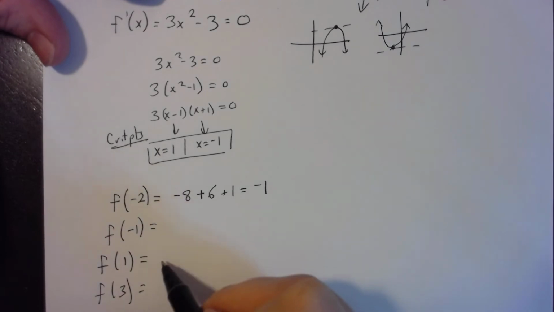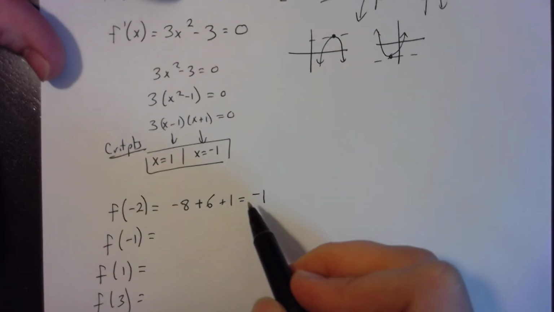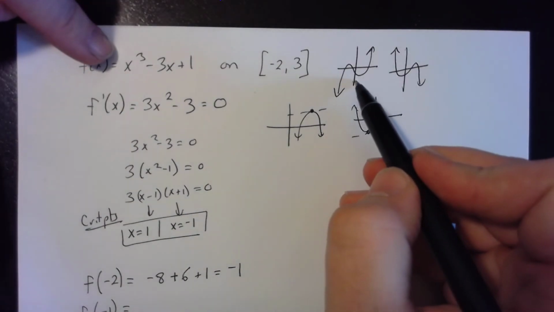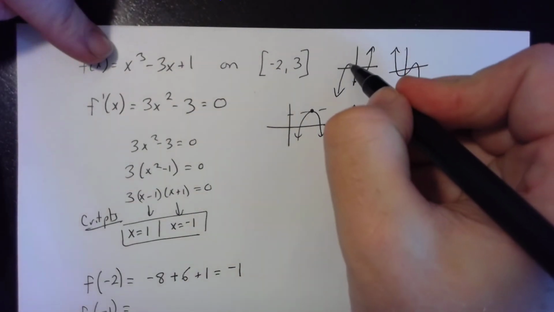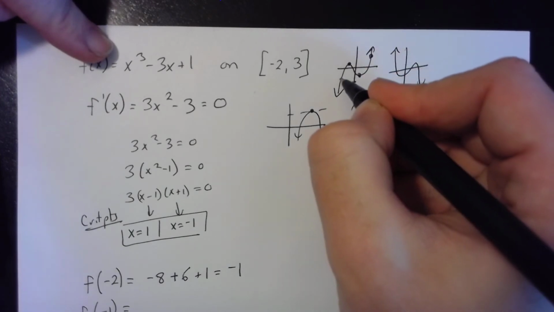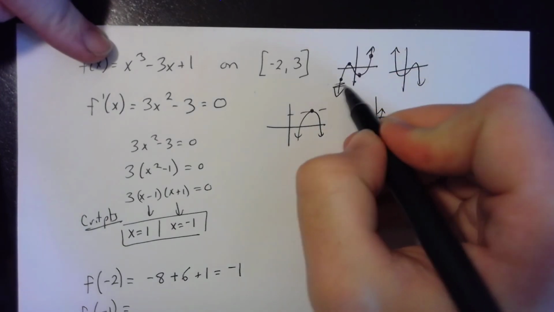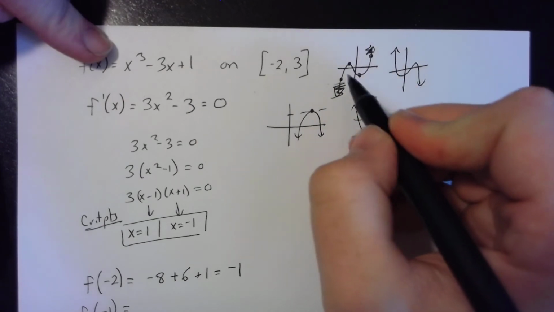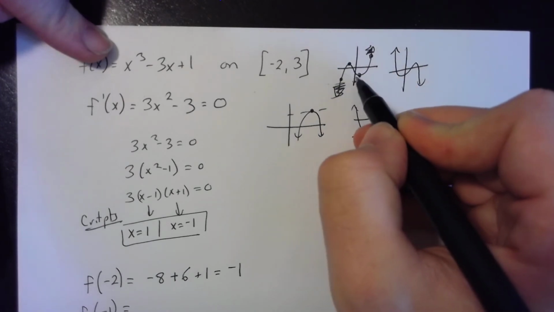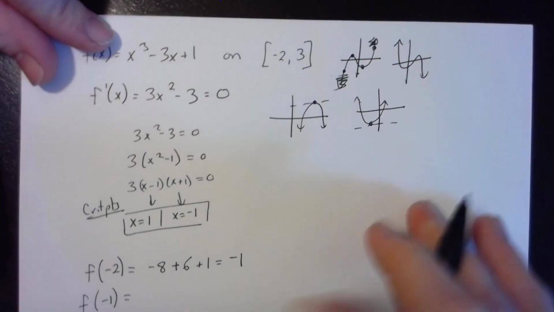I'm going to have to find all of these other values, but I do know that based on this cubic function, it should look something like this, and you'll notice we have a high point, a low point, and then we're going to cut it off somewhere here and cut it off somewhere here. So based on that, ignoring all the values above and below, I should be able to identify either one of these 2 points as my lowest value or one of these 2 points as my highest value.